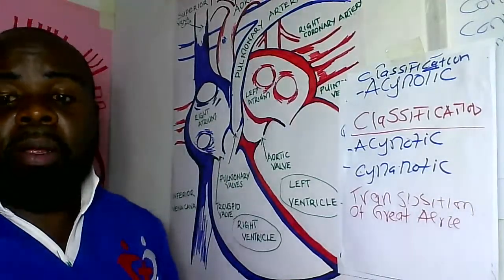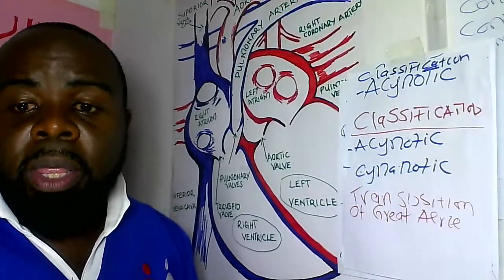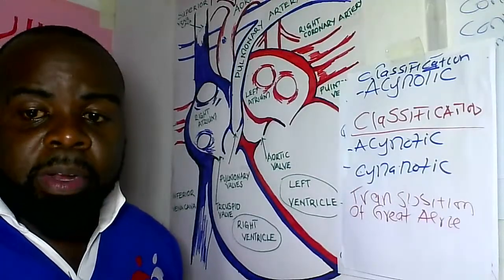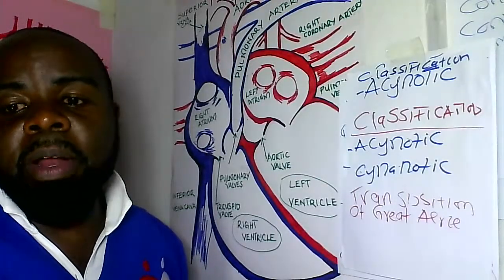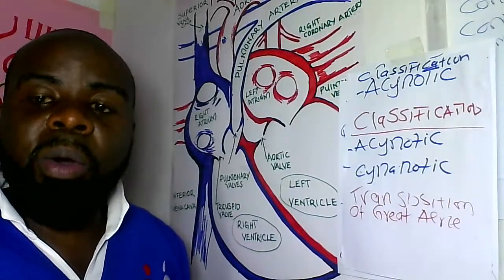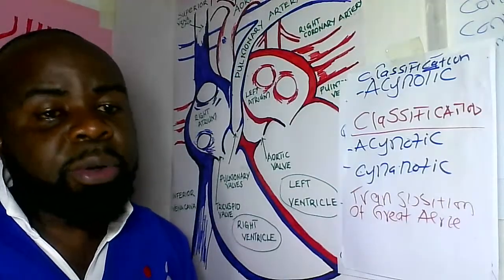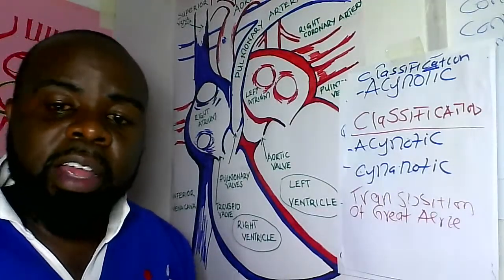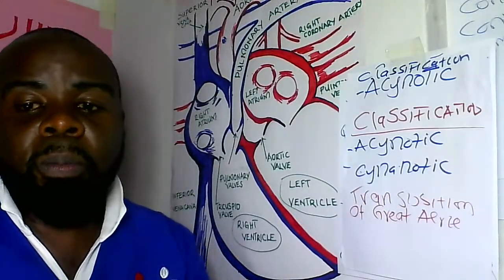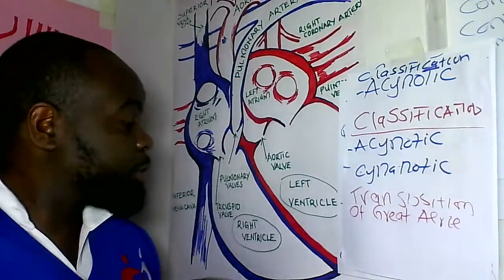It is small. Blood is not passing well, or there is a problem with the tricuspid valve. You know, when you have a problem with the valve, blood will not pass as it is needed. So it's a serious congenital defect where the tricuspid valve does not form. You see, atresia means it's not there, or it is small.